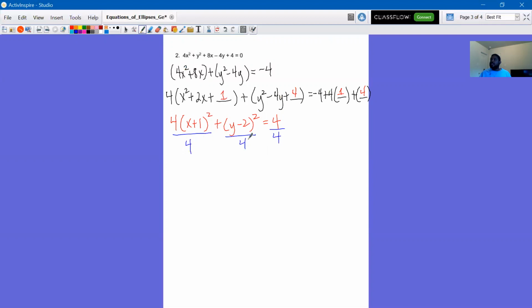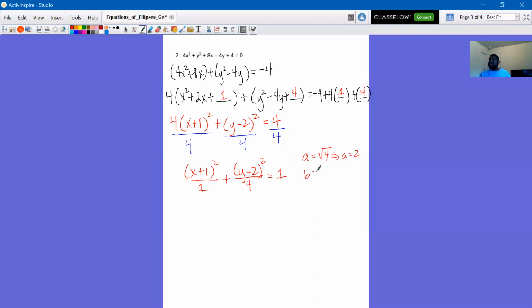And that gives me x plus 1 squared, and I'm going to put the 1 here so you can see the denominator. y minus 2 squared over 4 equals 1. So now my A is going to be square root of 4 because it's the bigger denominator, which is 2.